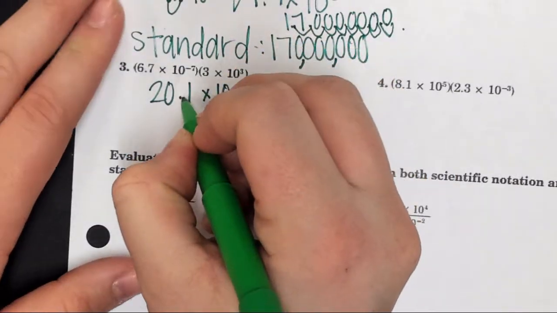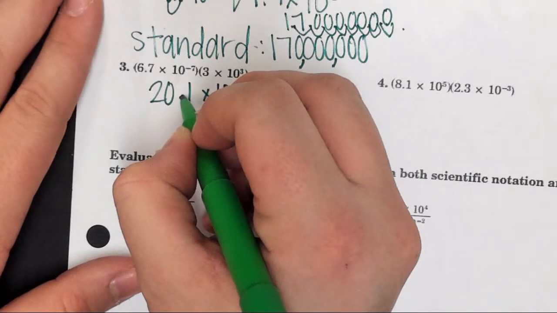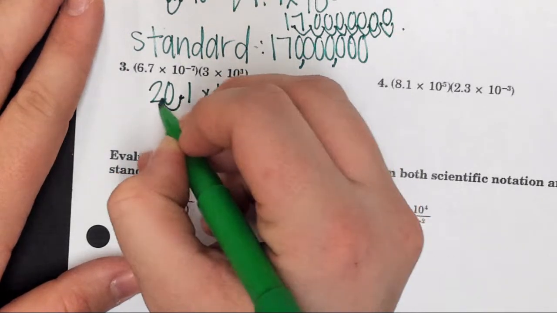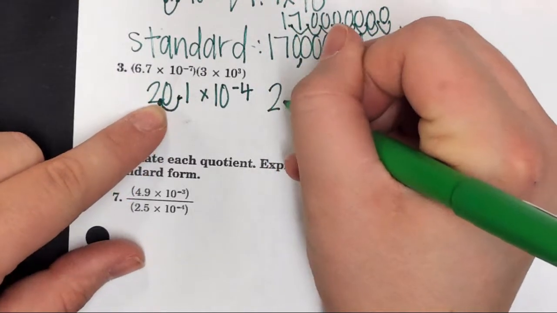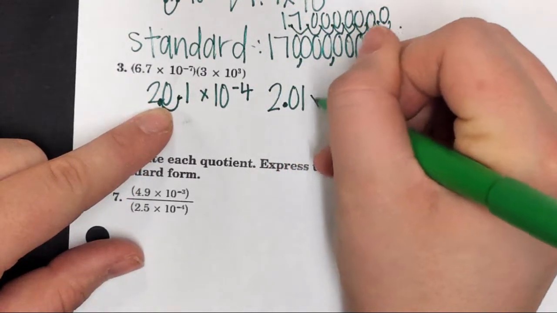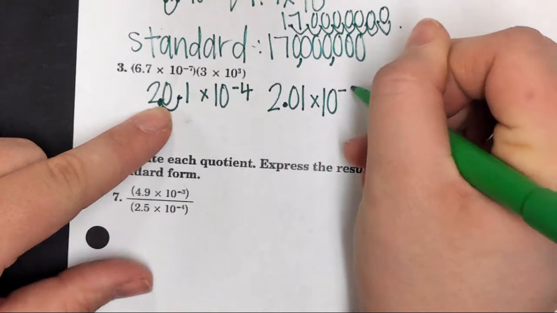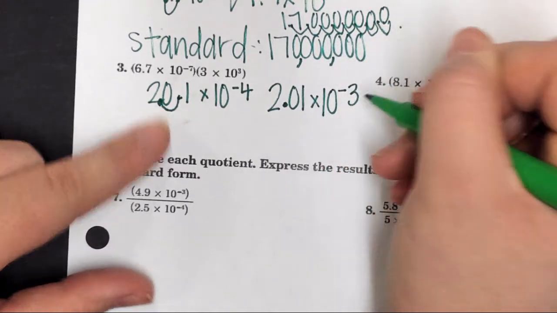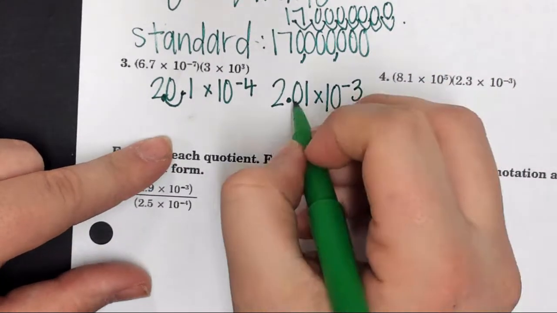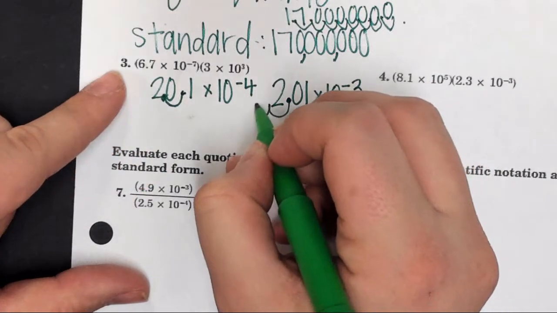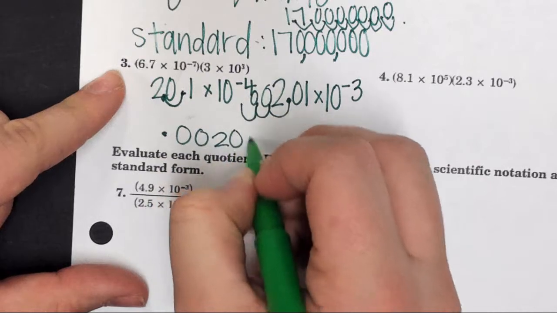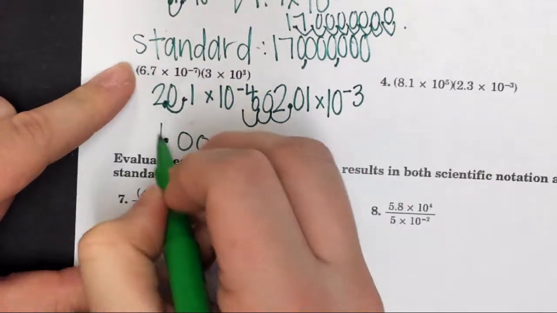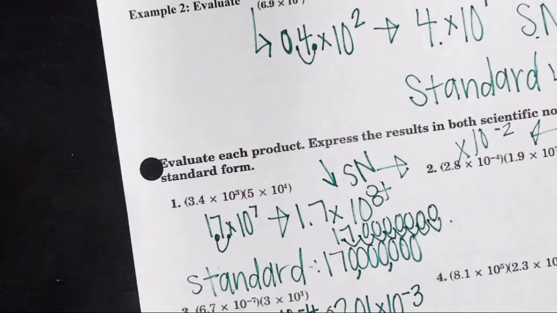Well, let's move our decimal 1 time this way, right, Ethan? This way, because I want 2 by itself. So my number got smaller, 2.01 times 10 to the negative third, because 3 is closest. And then I would have moved it. Yes, you will have a decimal. Y'all are right. 0.00201.